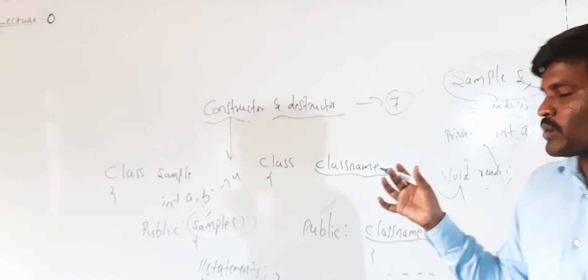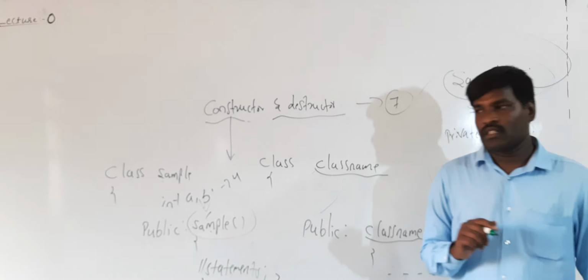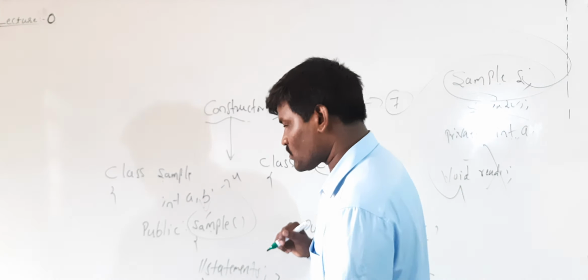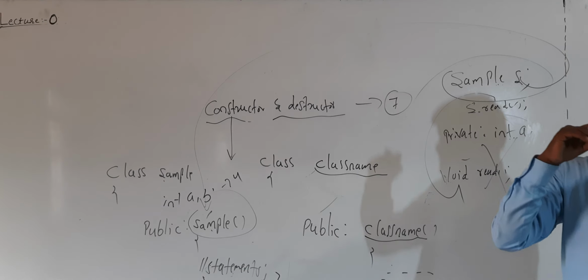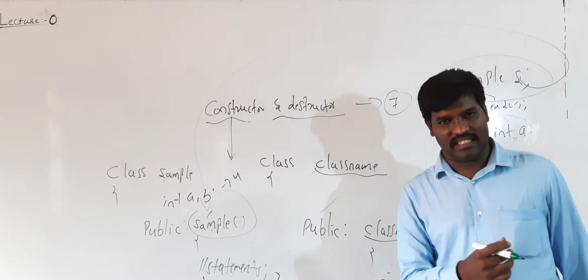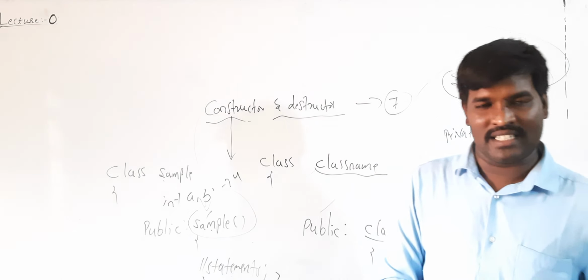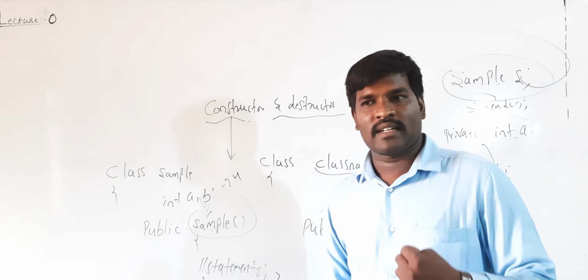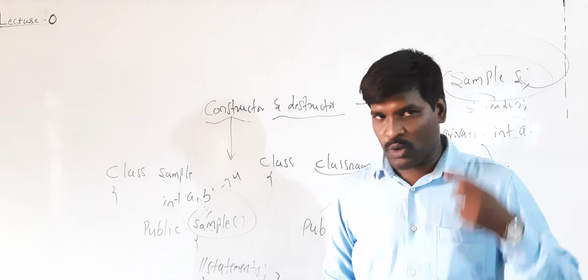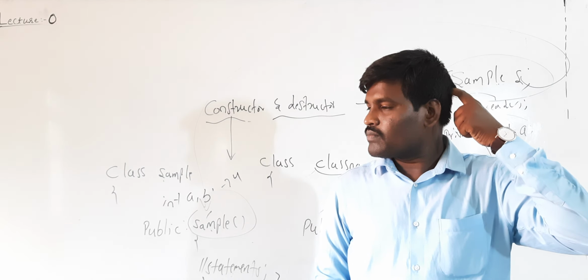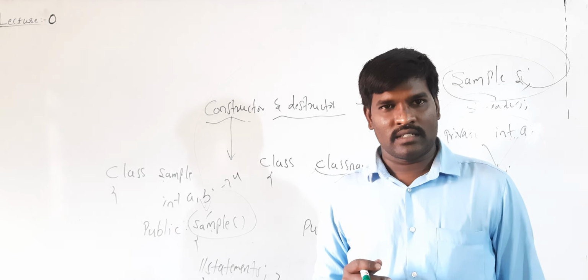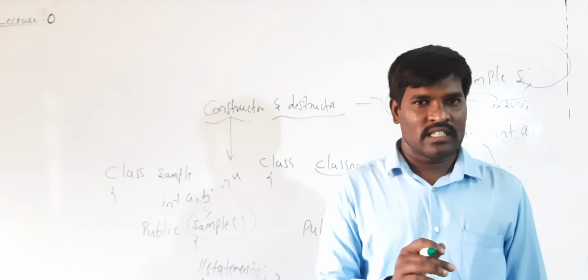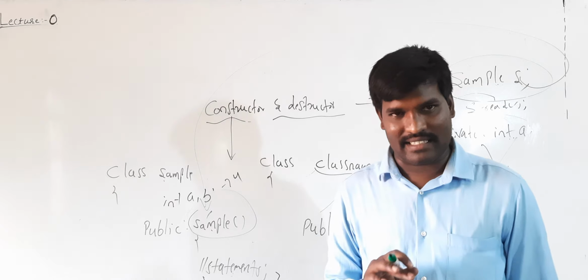So there are 5 to 6 characteristics. Then one more thing is about initialization in class and object. In the first year programs, in void main, we are not creating any classes.